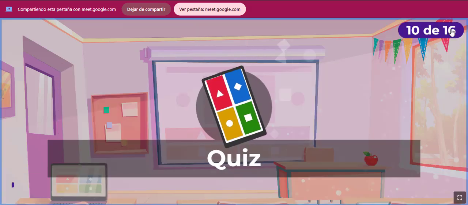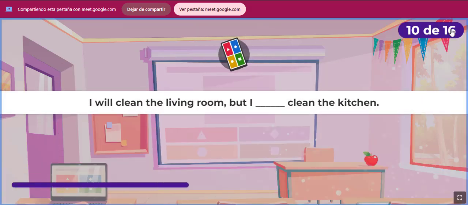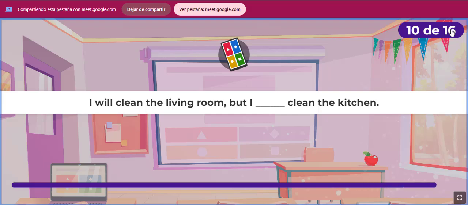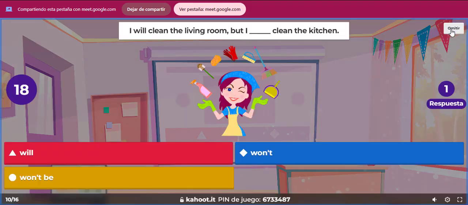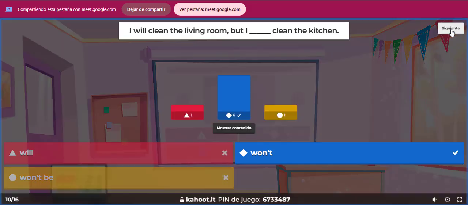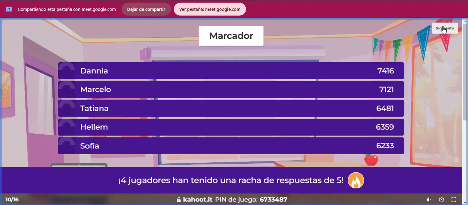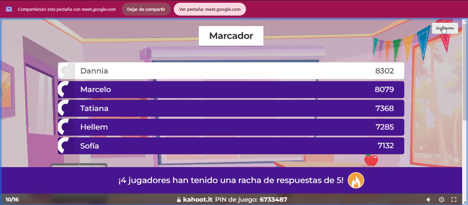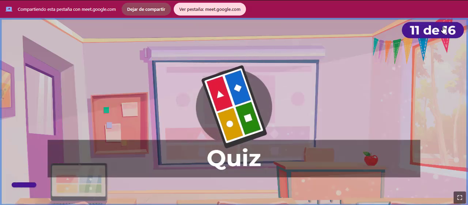Dania keeps the first place. Number 10. I'll clean the living room, but I clean the kitchen. Very good. 6 people got it correct. And here we have the use of but that represents contrast. And we will be studying this as part of the topics of today as well. Excellent. Dania keeps the first place.